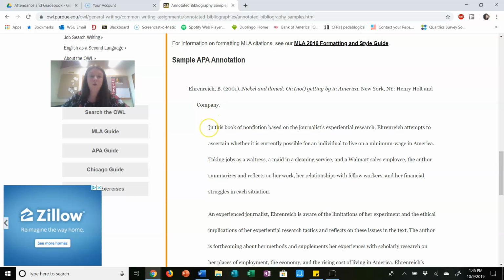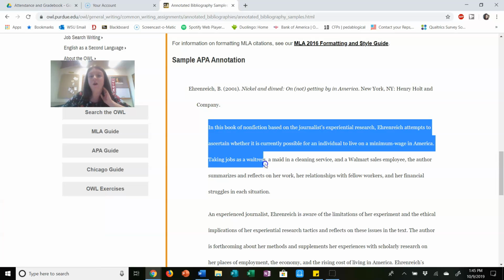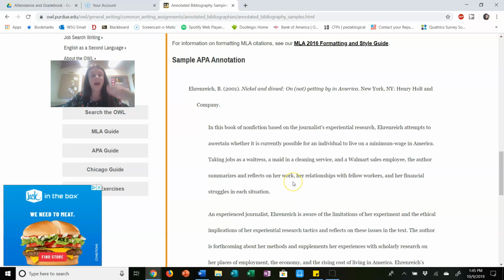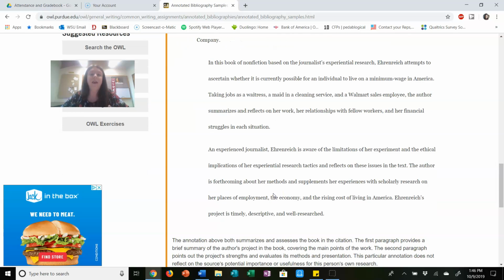And then afterwards, like what we saw with the MLA entry, we follow it with the summary, and for this class, we're also going to do an evaluation of the source, and we are not going to indent our paragraphs, and we're going to use single spacing. Again, that's more of a technical professional writing format called block formatting.